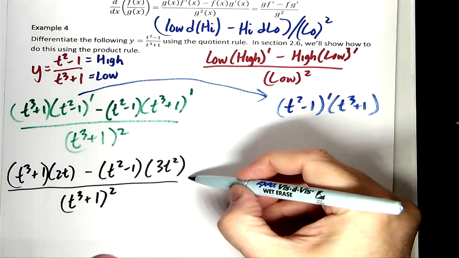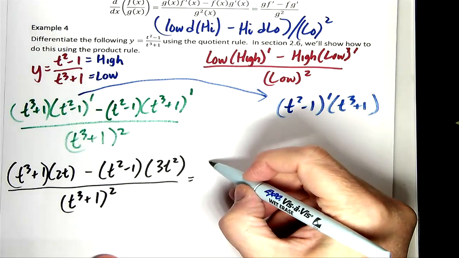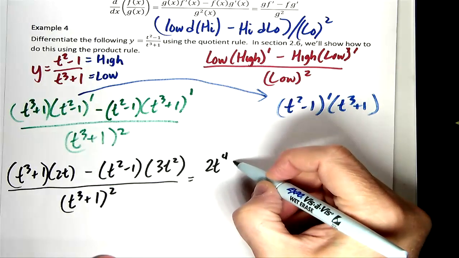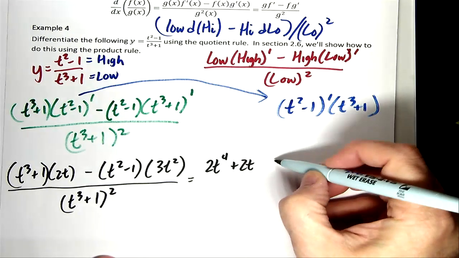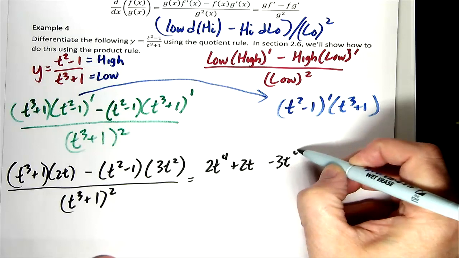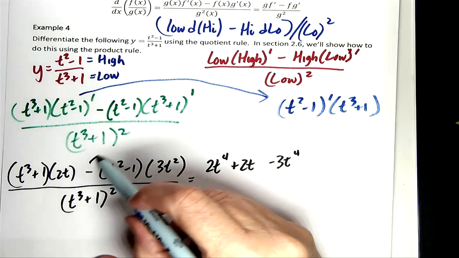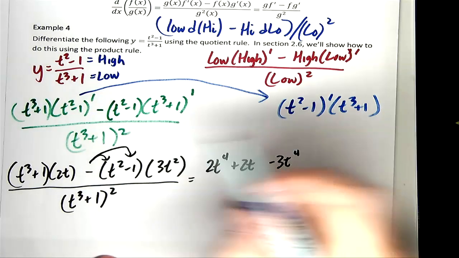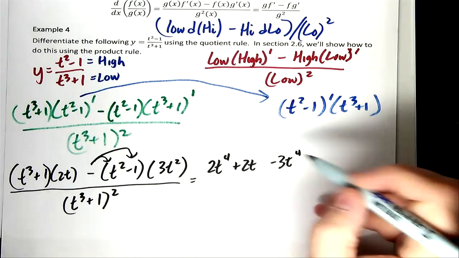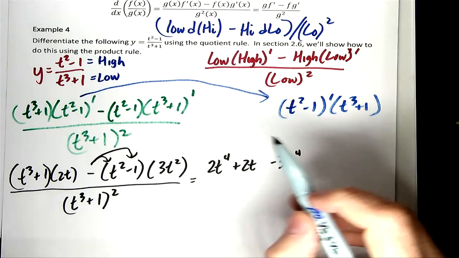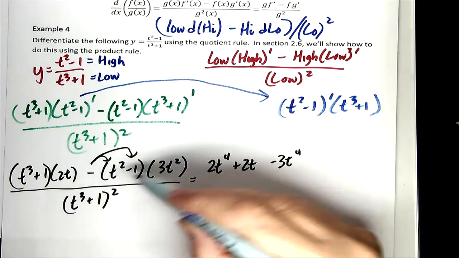The derivative's technically done, but you should probably clean it up. Remember to distribute the minus sign to each thing just once, not to both parentheses, just one parentheses. So I got a minus and a minus, which will be a plus here.